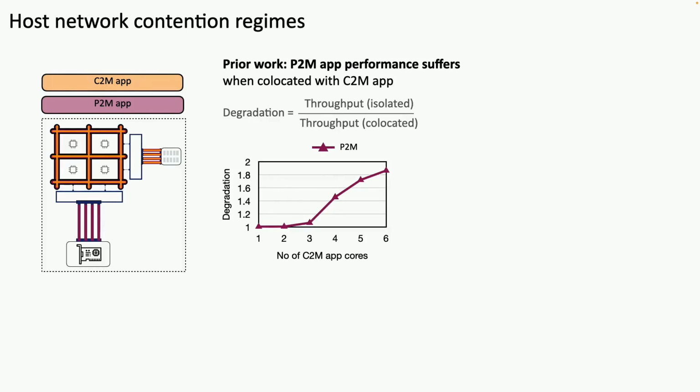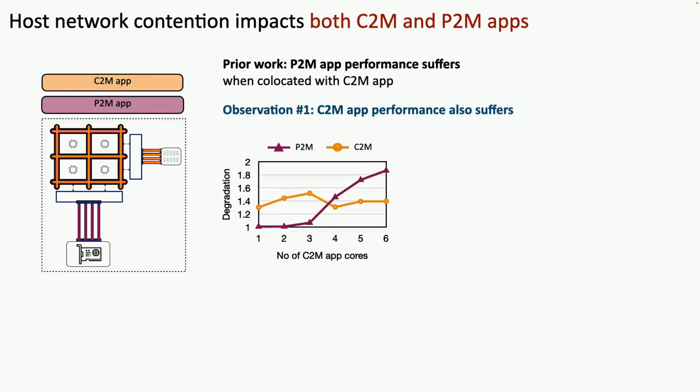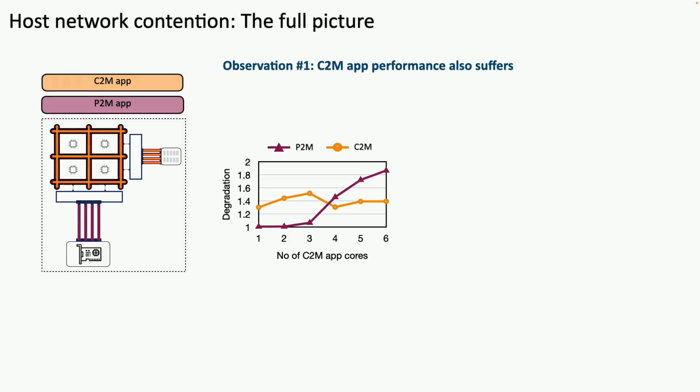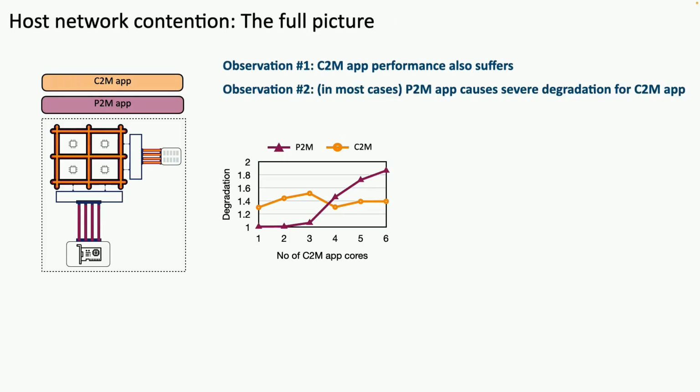Our measurements show that this is not really the full picture. First of all, it's not just P2M, but the C2M app also significantly suffers. And second, we find that actually in most scenarios, it's the P2M app that is antagonizing and starving the C2M app and not the other way around.